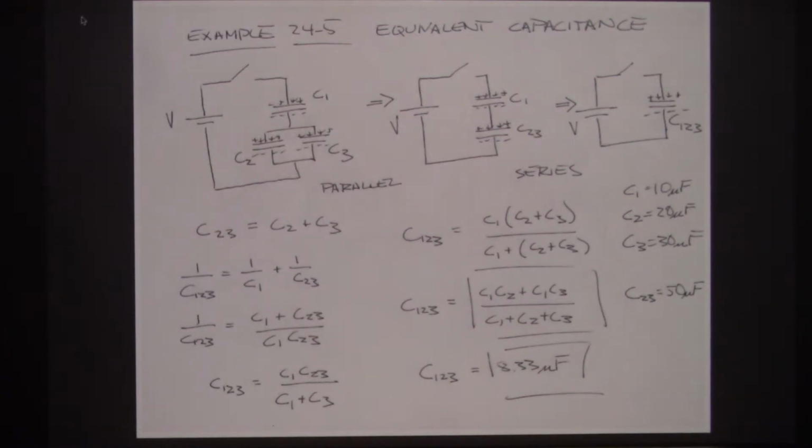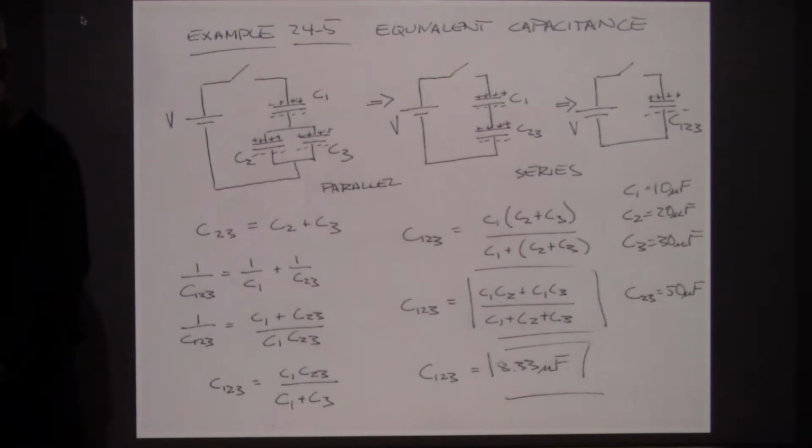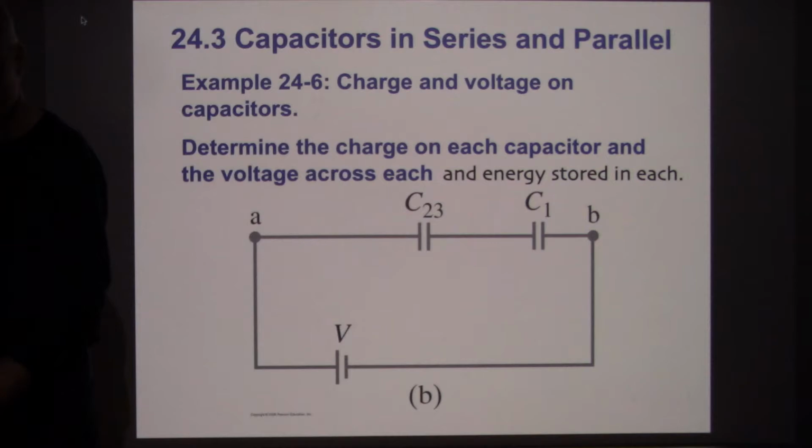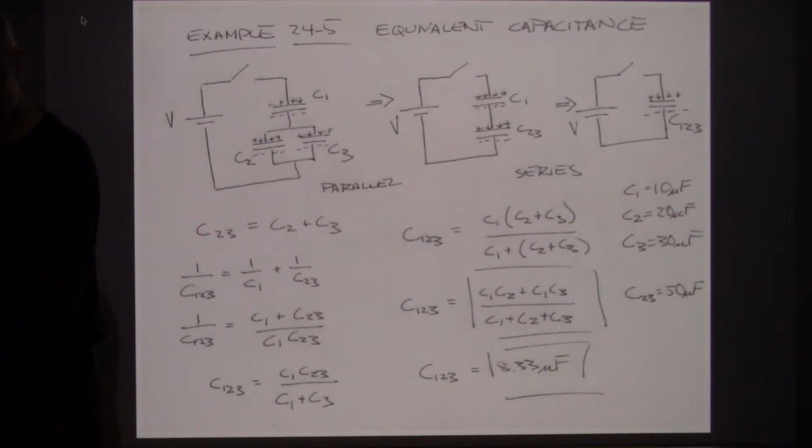It turns out that it's often easier if we set these problems up a little differently. Okay, so I'm going to go ahead and move on to this next example.